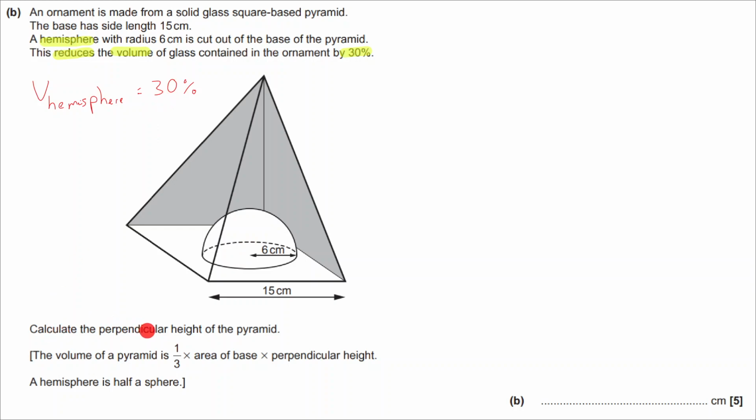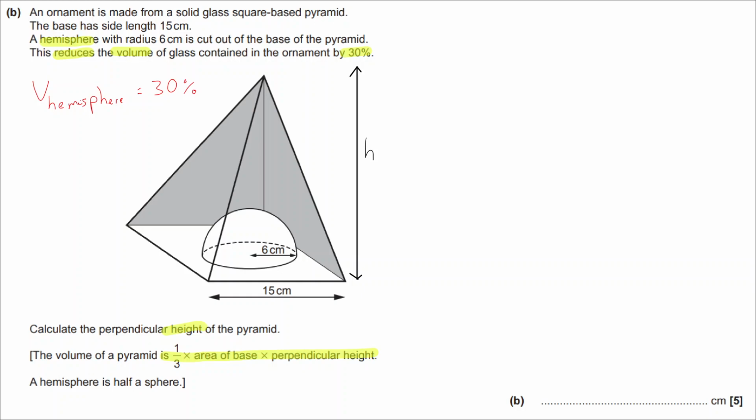Let's calculate the perpendicular height of the pyramid. So you basically want to get the height, and perpendicular means the vertical height, this here, of the pyramid. That's what you want to find. The H, written terribly, height. There we go. And the volume is given by this formula, 1/3 times the base times the perpendicular height.